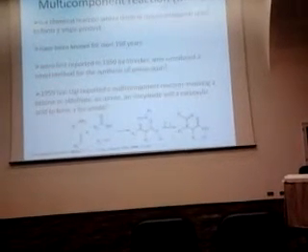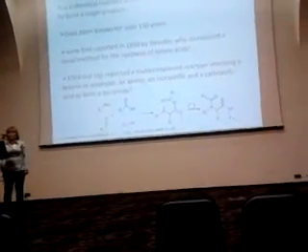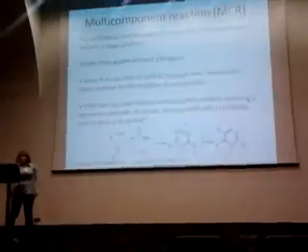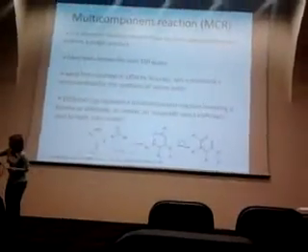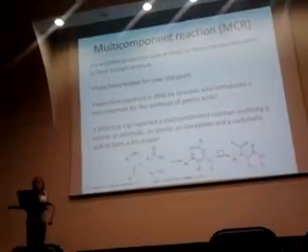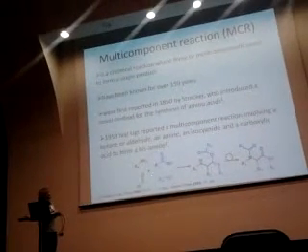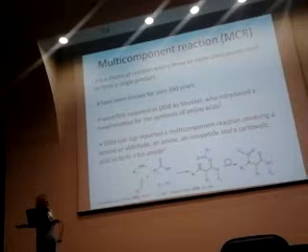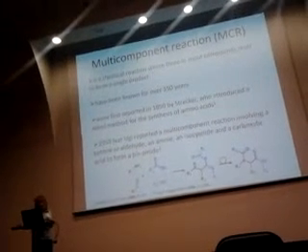Someone closer to our home, in 1959, Professor Ivar Ugi recorded a multi-component reaction involving a ketone or an aldehyde, an amine, an isocyanate, and a carboxylic acid to form these amides.